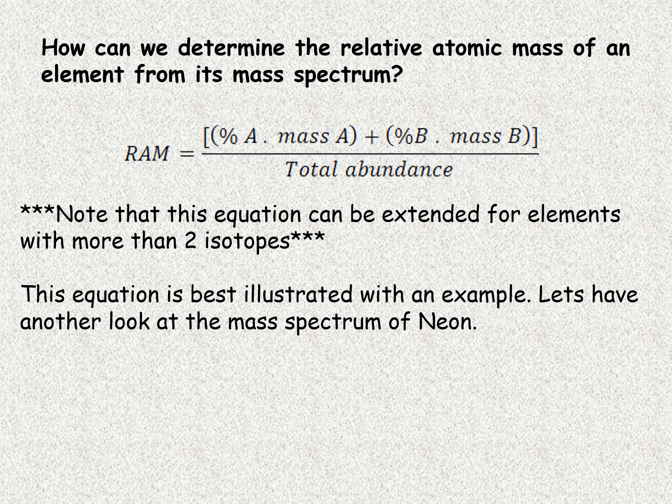In this equation here, I've only done it for 2 isotopes, isotope A and isotope B, but you could just keep on extending that if you had 3, 4, 5, however many different isotopes you have. But it's best looking at a real example, so let's stick with neon and do the calculation.